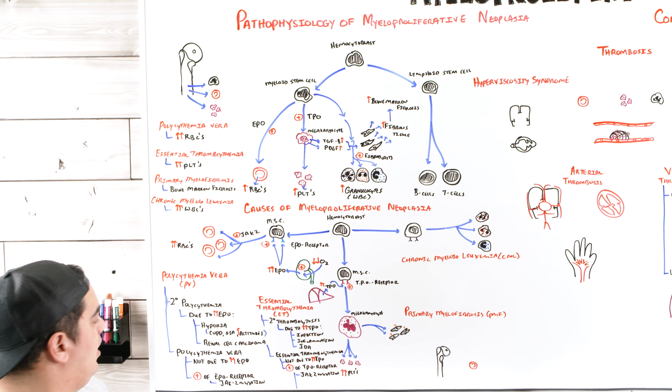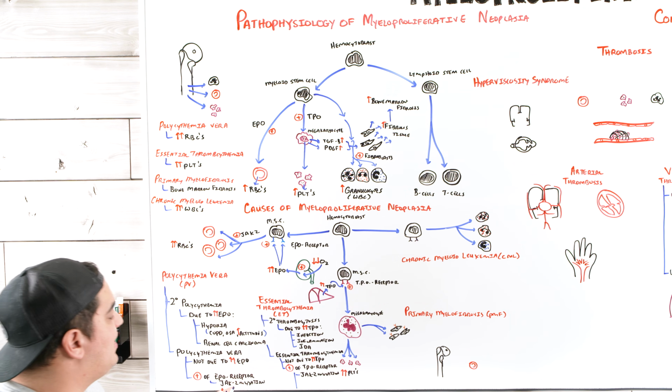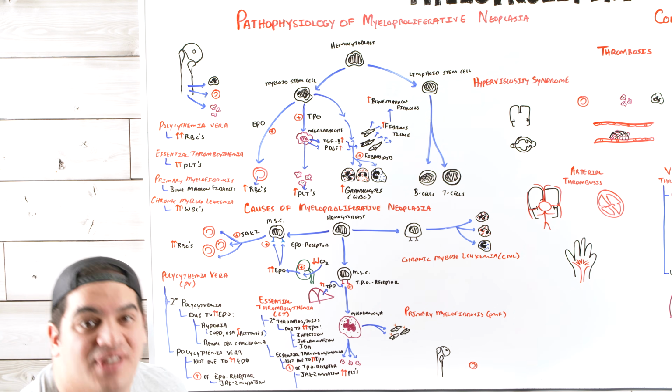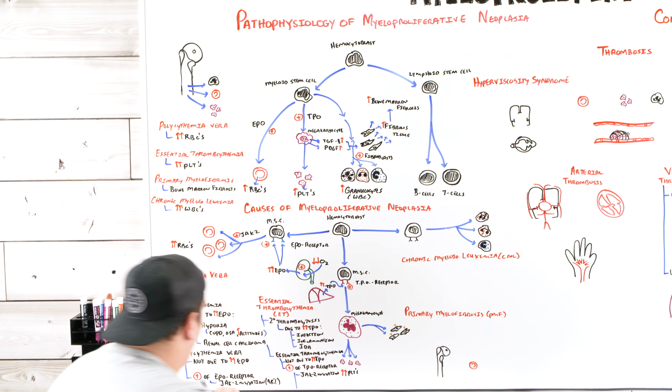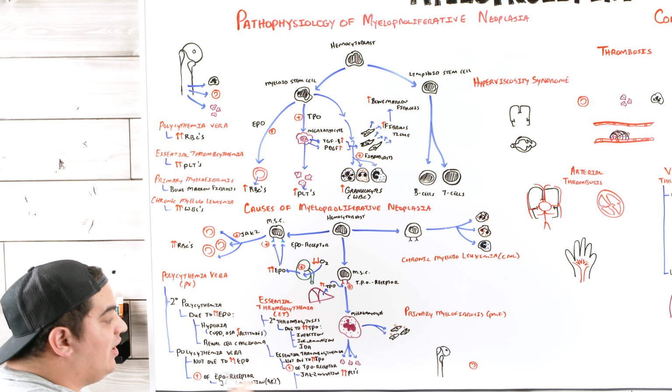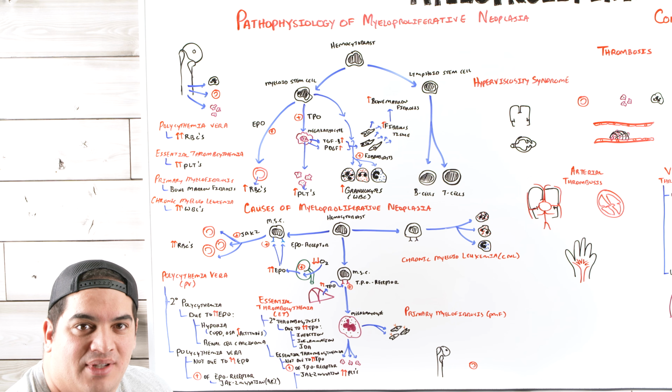Now, in patients who have Polycythemia Vera, this accounts for 98%. So 98% of the time, if a patient has Polycythemia Vera, it is due to this mutation. It's only about 50% in essential thrombocythemia.